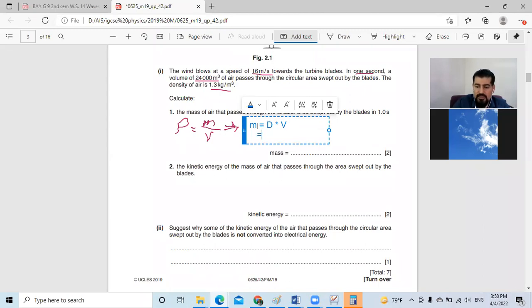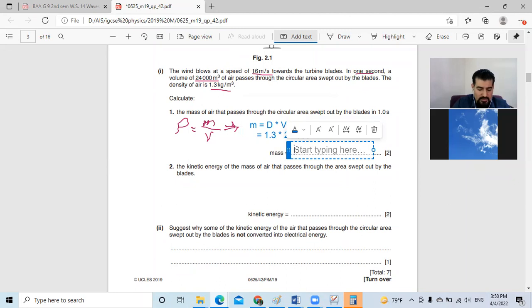Using the calculator, the density, which is 1.3, multiplied by the volume, which is 24,000, and the answer will be what? How much?